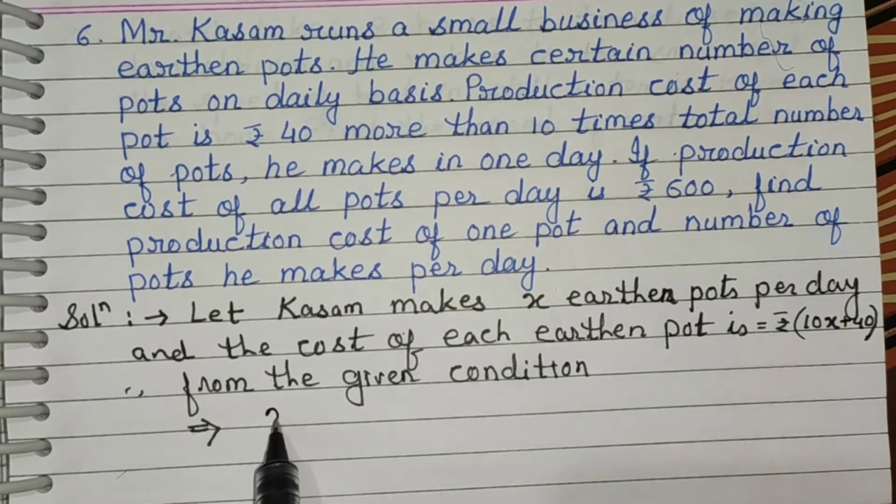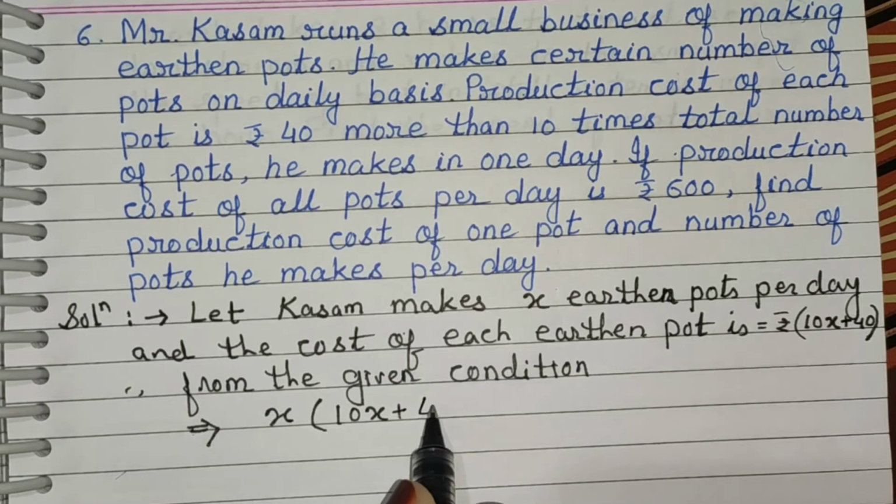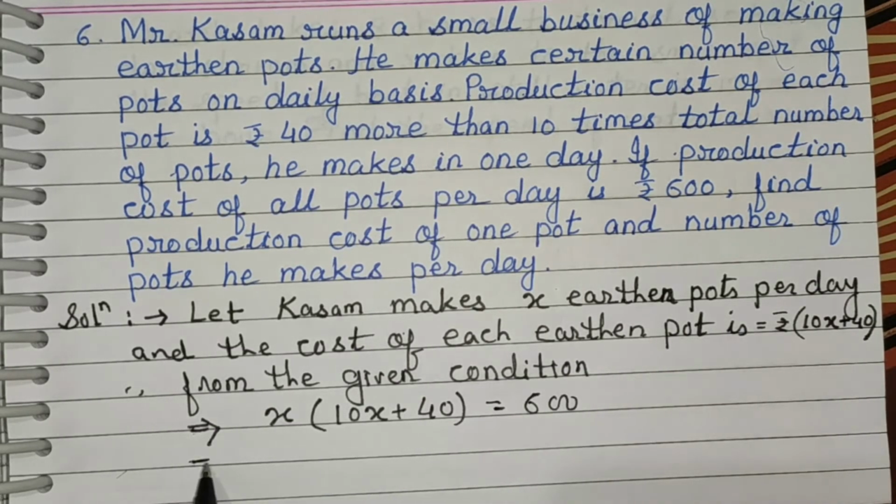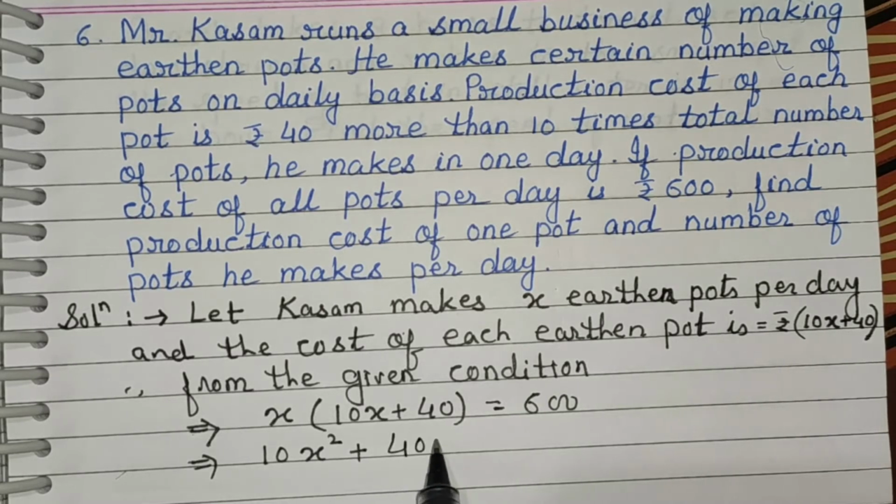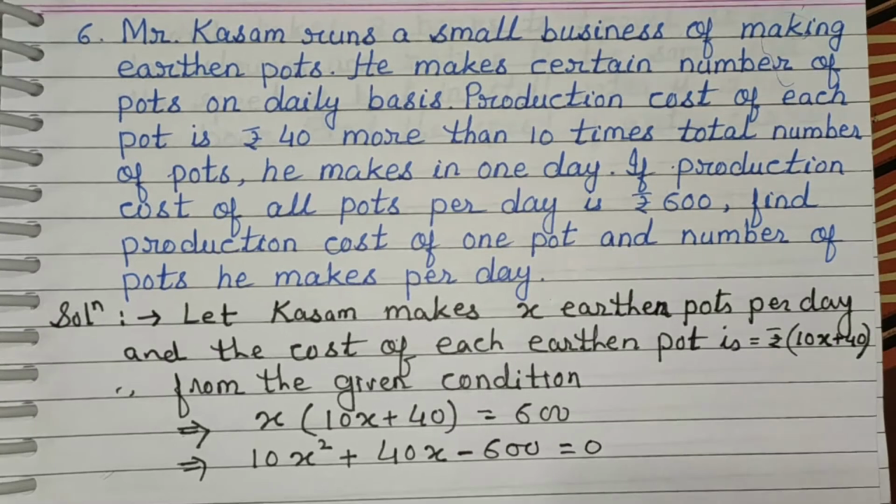Therefore x into 10x plus 40 is equal to 600. Now open the bracket, multiply each and every term inside the bracket by x. We get 10x square plus 40x. Now plus 600 shifting to the left hand side, we get minus 600 is equal to 0.